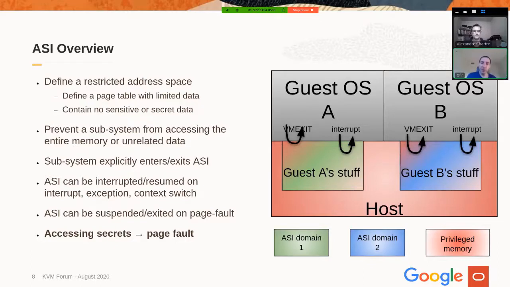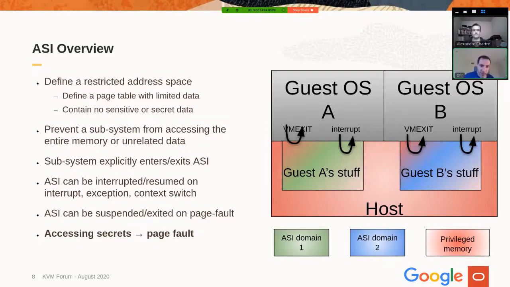And if we want to defend against MDS attacks, it means that maybe we'll run the VERW scrubbing instruction only if we actually touched potentially sensitive data. And with ASI, we will know that it potentially touched sensitive data because when we touch it, we'll get a page fault. And that's something very tangible that we can notice, an event that we can manage.